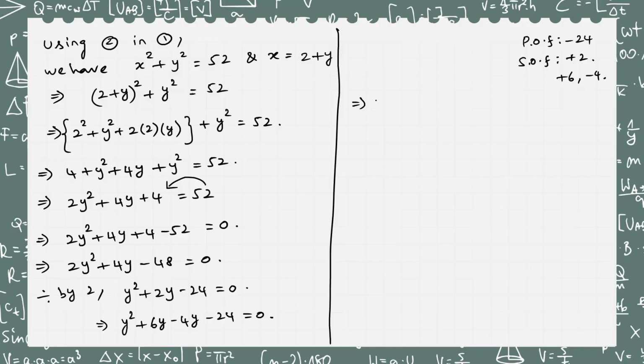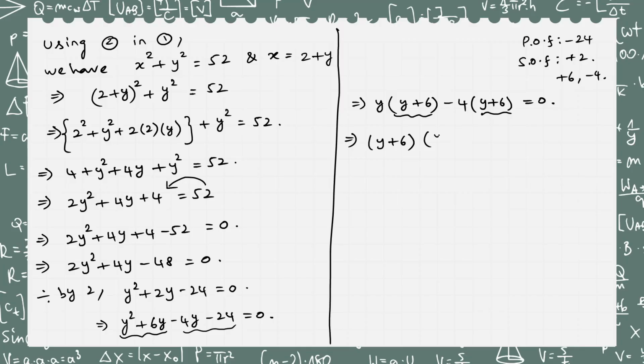Right? That implies y can be taken common from the first two and 4 can be taken common from the next two. So what will happen? Let us see. y into y plus 6 minus 4 into y plus 6 equal to 0. And these two are common. We can take them common.